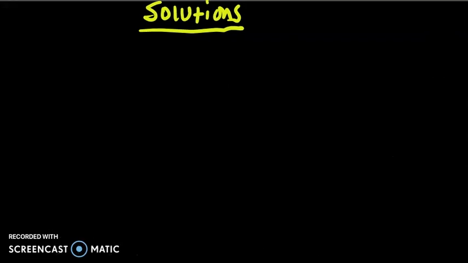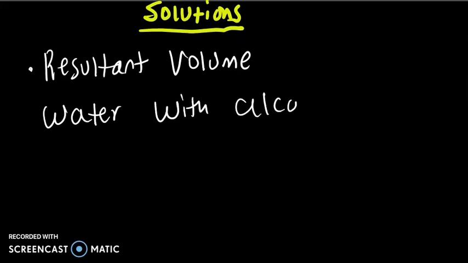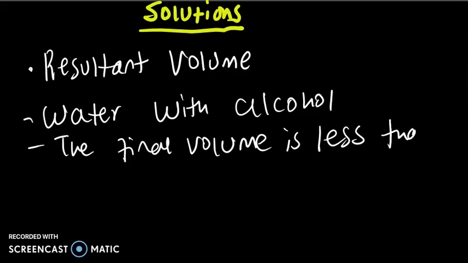So what's a resultant volume? What do we mean by resultant volume? For example, when you mix water with alcohol, the final volume is less than the sum of the individual volumes.